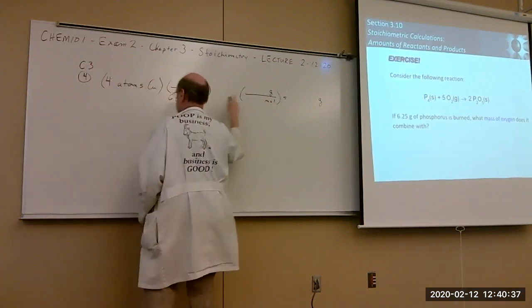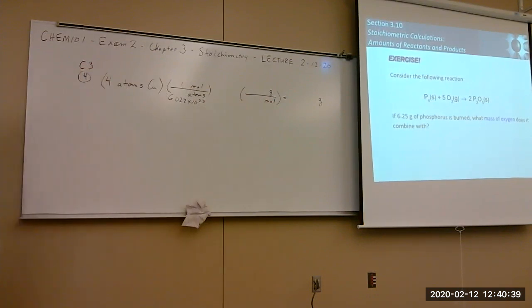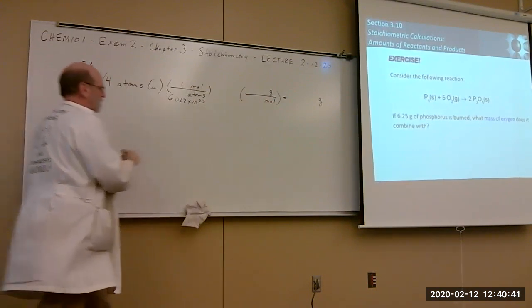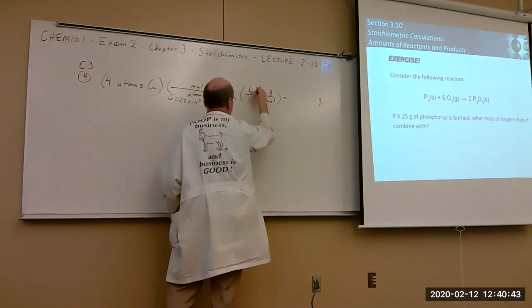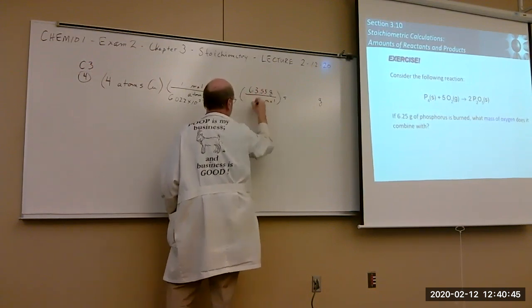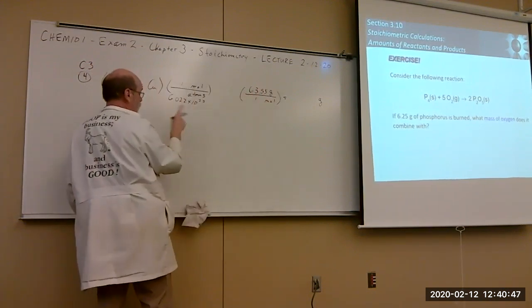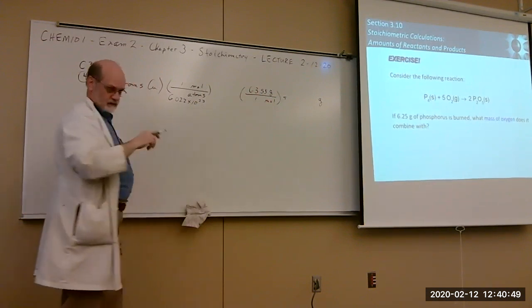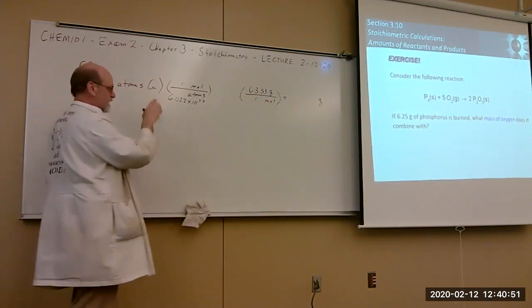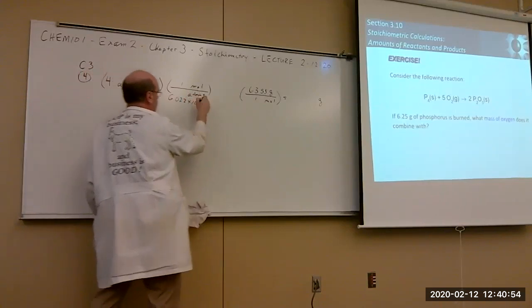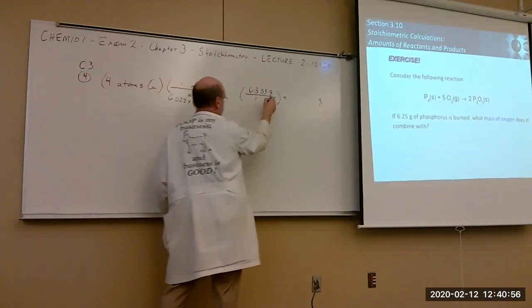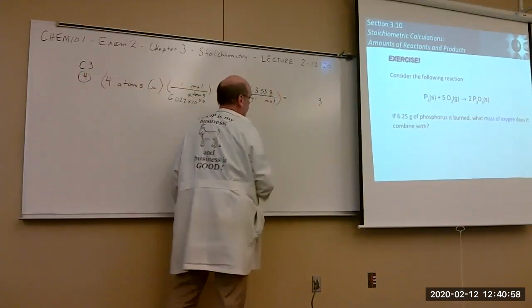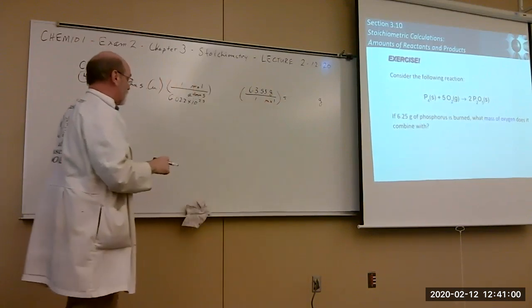And then this one is specific for copper, 63.55. There. So now we know we're right because this is dimensional analysis. We keep track of our dimensions. Atoms cancel, moles cancel. Leaves us with grams. So the rest of it is math.